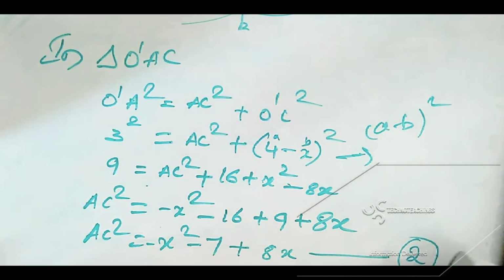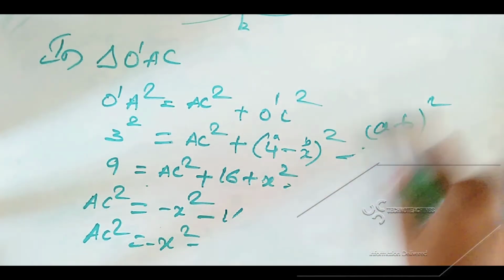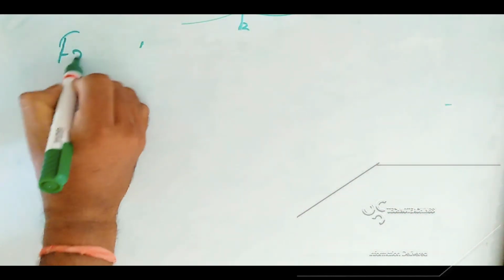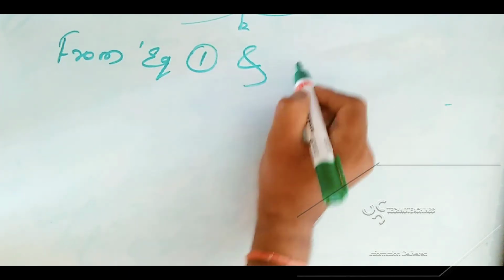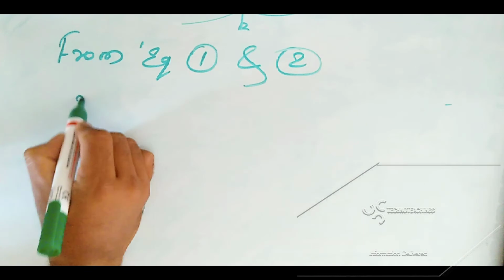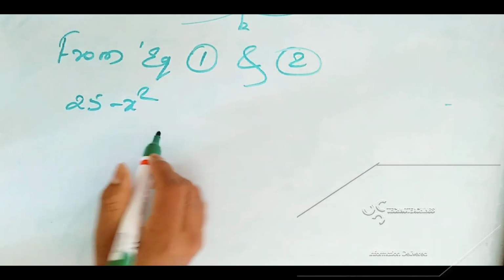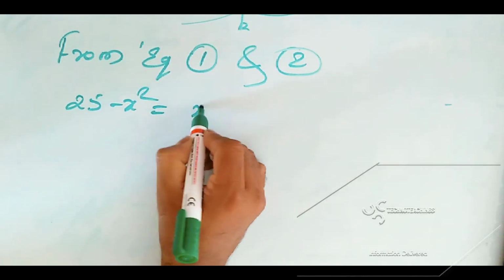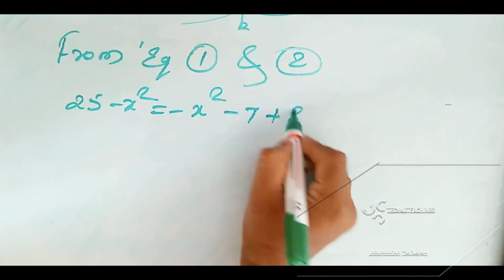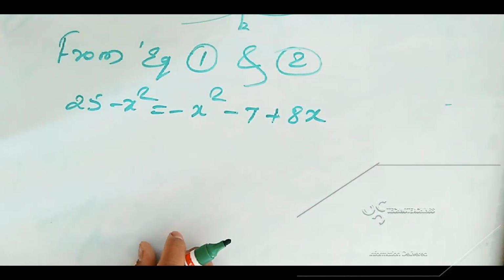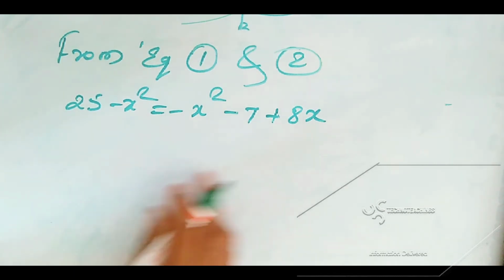I'll solve these equations. In order to solve, from equation 1 and 2, we have 25 minus x square equal to minus x square minus 7 plus 8x, right?